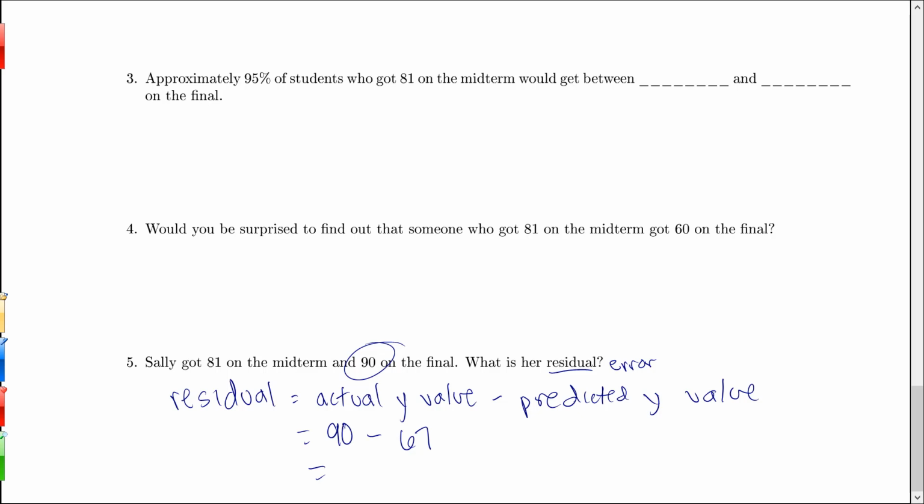So we'll do 90 minus 67 or 23. So Sally got 23 points above the prediction.